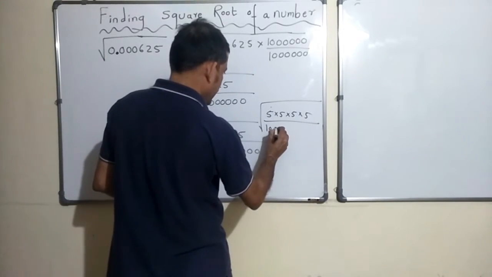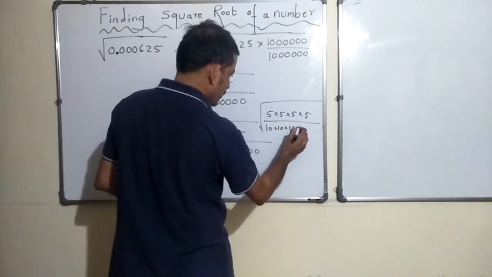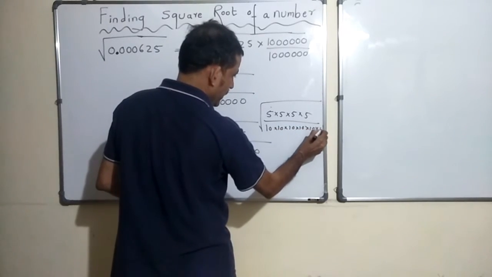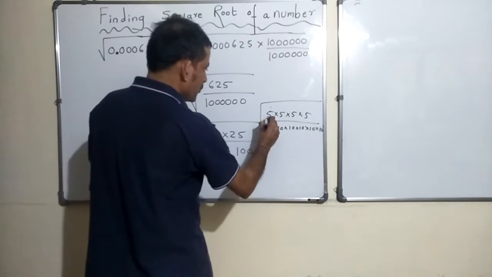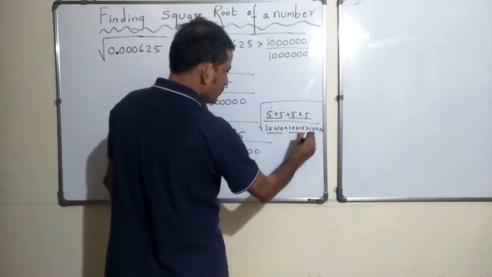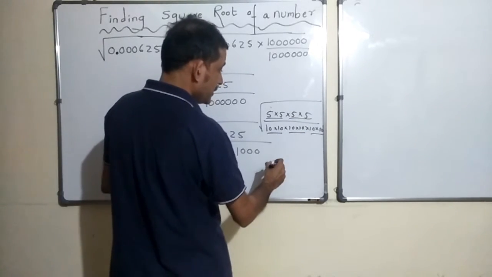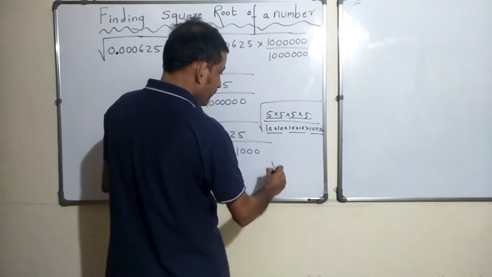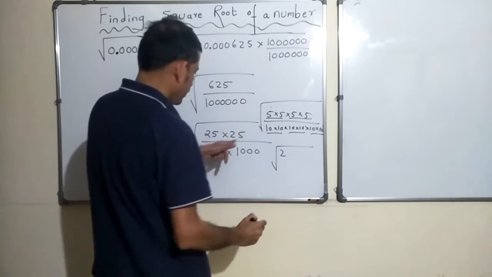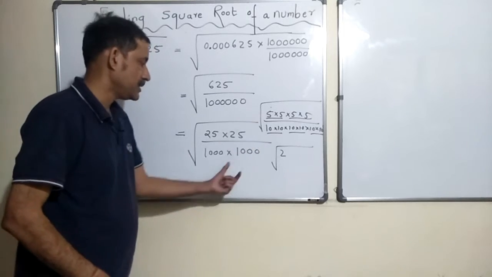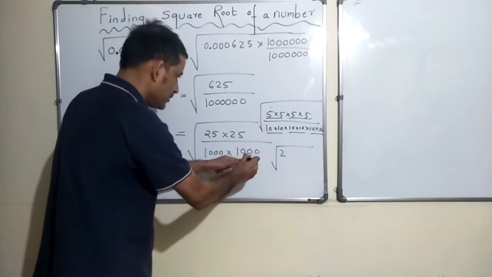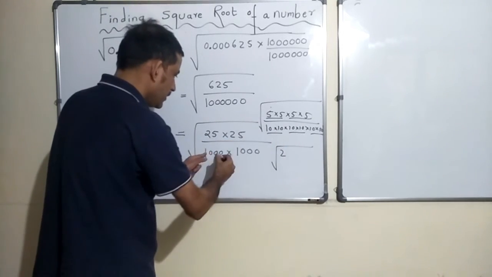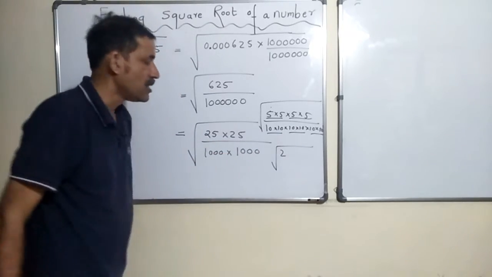Here I can write 10 into 10 into 10 into 10 into 10 into 10. I group and rearrange accordingly, and I get 25 into 25 over 1000 into 1000.